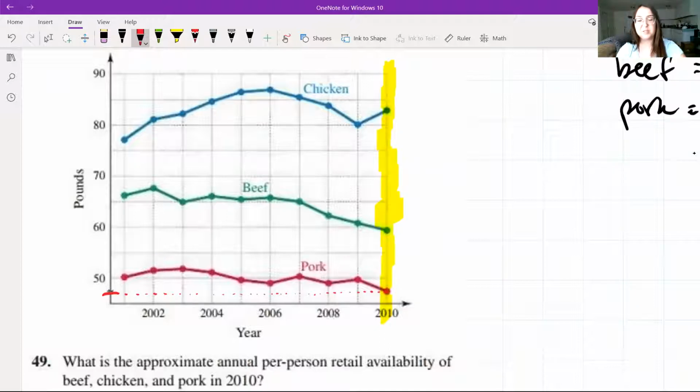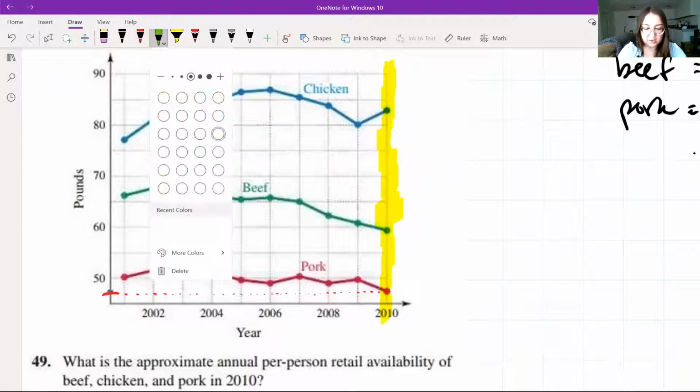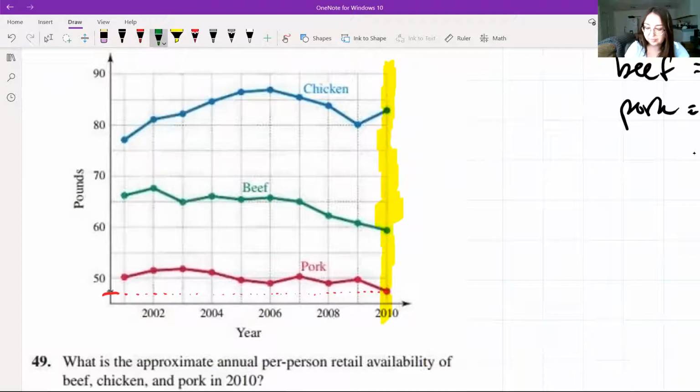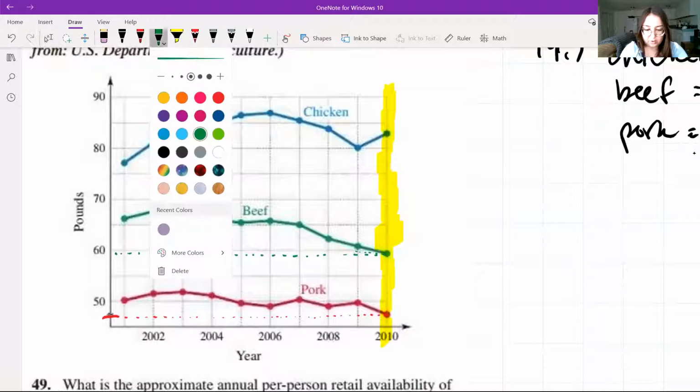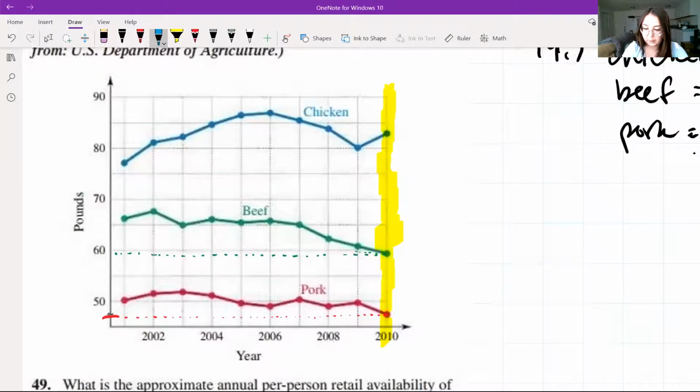We can do that for each one of these. Let's do this for beef as well. It looks like it's really close here to this line. And also for chicken, we see that we end at this value. So we just draw this line straight through.